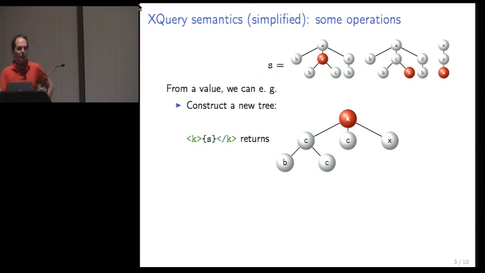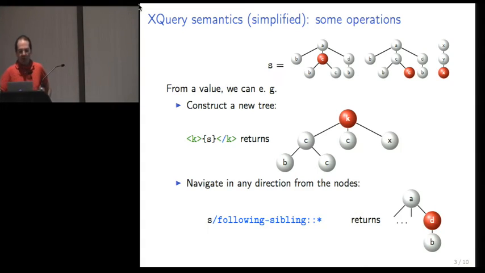But I can also do other things with my sequence. I can navigate from the nodes in it in any direction. For example, I can decide I want to select all the following siblings of all the nodes in my sequence. Here, the next sibling of the first C is a D node, and the other elements in my sequence have no following siblings.